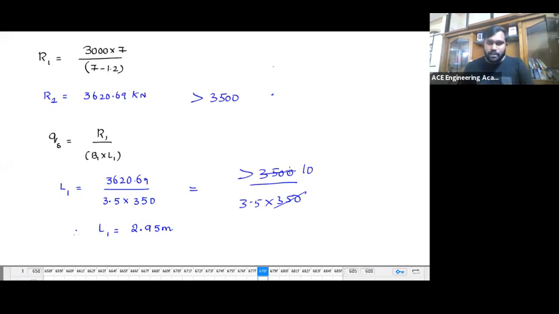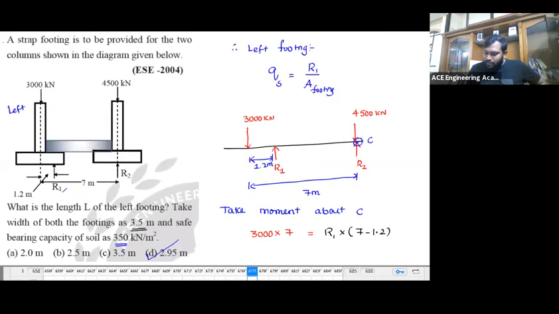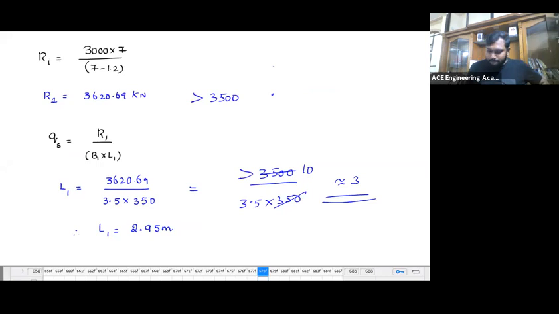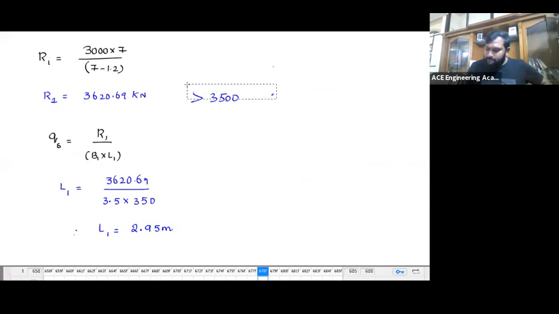And the answer should be more than 10 by 3.5. 3.33 into 3.33, that's 10. And more than 10 by 3.5, which is going to be almost equal to 3. Then the answer is going to be almost equal to 3. So the nearest value is 2.95. Okay.